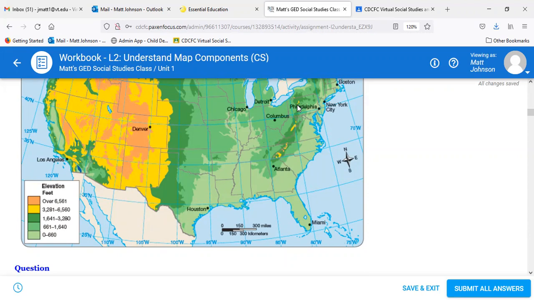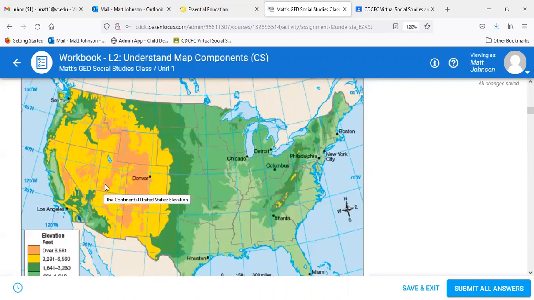The area I grew up in, the closest mountain was about 4,000 feet, I believe. And then, of course, over on the Rockies, we see that it gets way above 6,500 feet or so. This is what I was talking about yesterday.